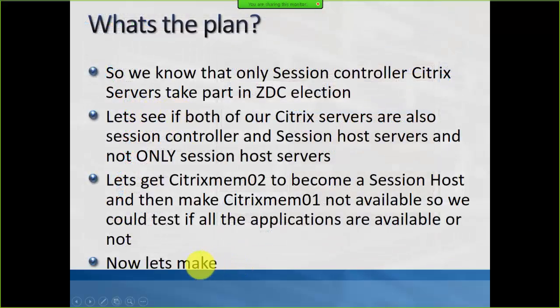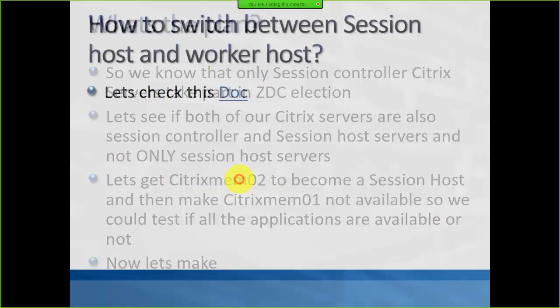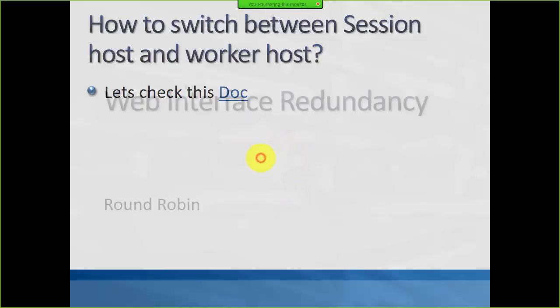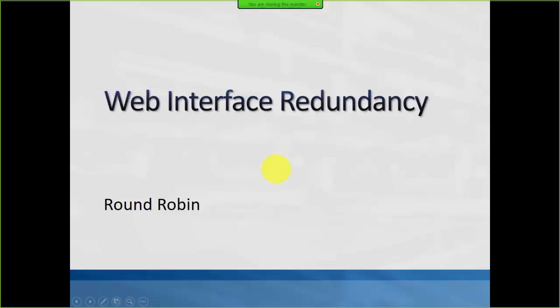Oh yeah, I was still trying to make some more steps, but that was right a few seconds before the class started, so I'm going to complete this anyway. Okay, how to switch between session host and worker host. Yeah, this is the doc, but I already showed that in the video. So now the second topic is web interface redundancy.